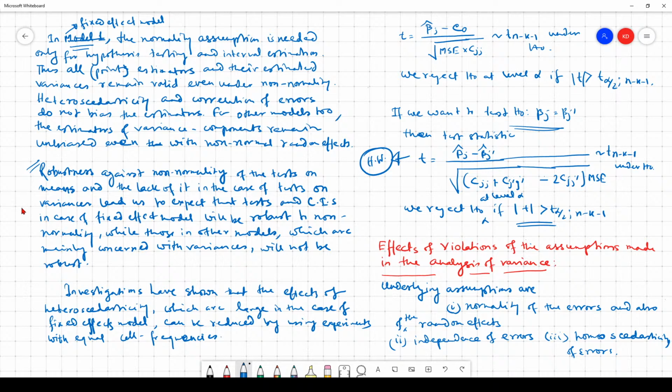The robustness against non-normality of the test on means and the lack of it in the case of tests on variances lead us to expect that tests and confidence intervals in the case of the fixed effect model will be robust to non-normality, while those in the other models, which are mainly concerned with variances, will not be robust.